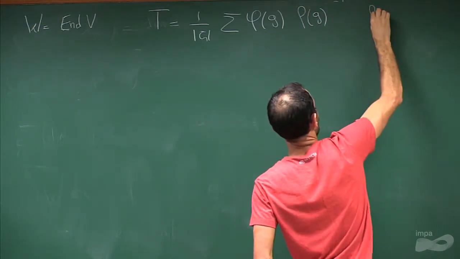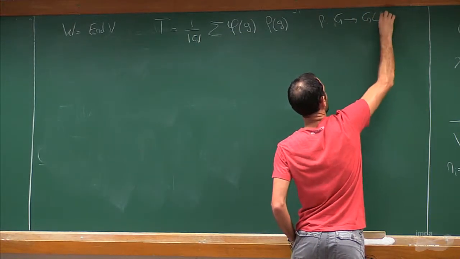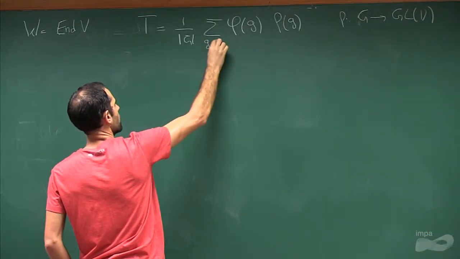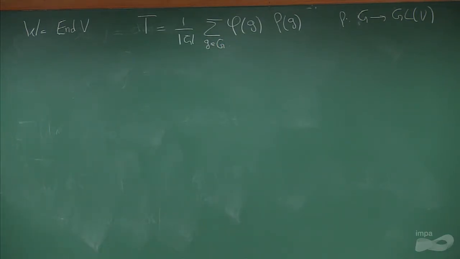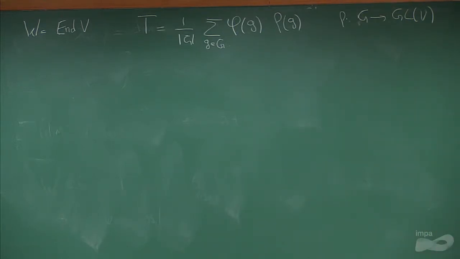Here, rho is the representation V. Okay? So this is a variation of the orbit of the identity on endomorphisms of V when I view it as a representation by multiplication on the left. But now let's look at endomorphisms of V as a representation by conjugation. So I'm using both of the structures at the same time.